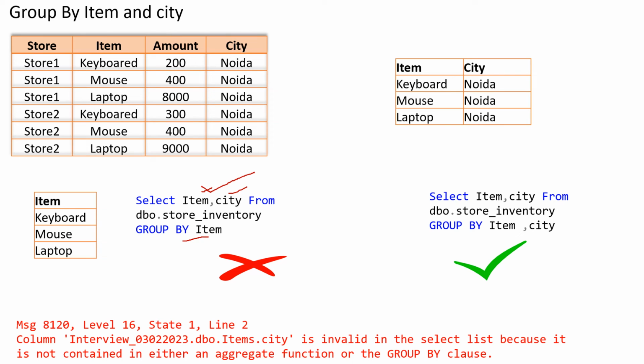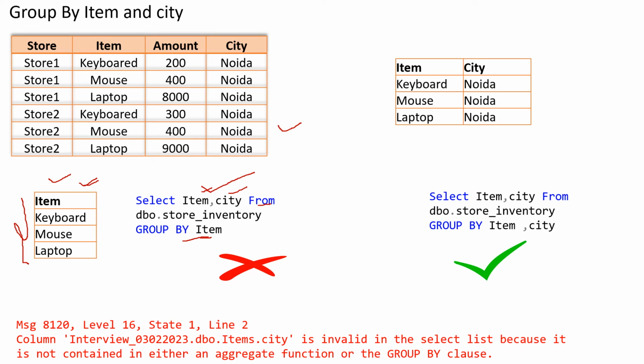So first the from clause is executed and we get the inventory table, and in the inventory table we are going to create an item group. So this item group is created, and now we are retrieving both item and city, and city is not available in this table, so we will get an error.